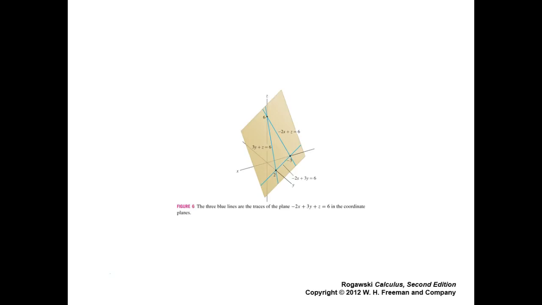Okay? So we have a plane. Let's use the one that's here. No, we can't use the one that's here because that doesn't go through the origin. Let's see if we can find one that does. All right. Now, this plane right here goes through the origin.